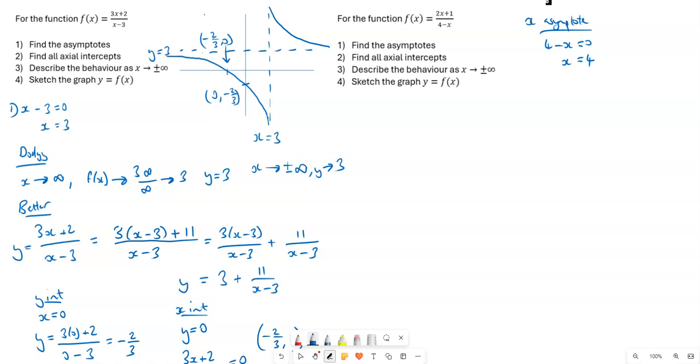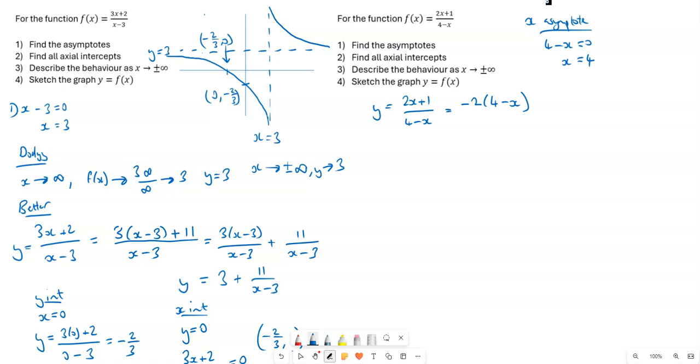But let's do this properly. Let's say y equals 2x plus 1 over 4 minus x. I know I want 2x, so I'm going to go minus 2 times 4 minus x.